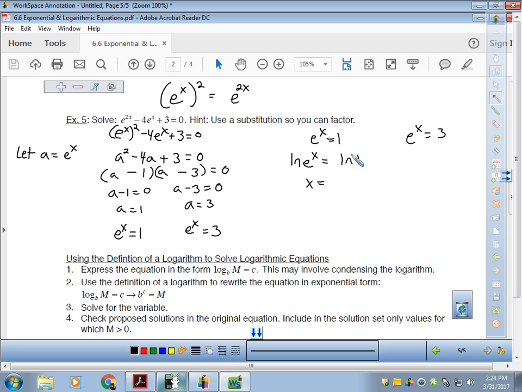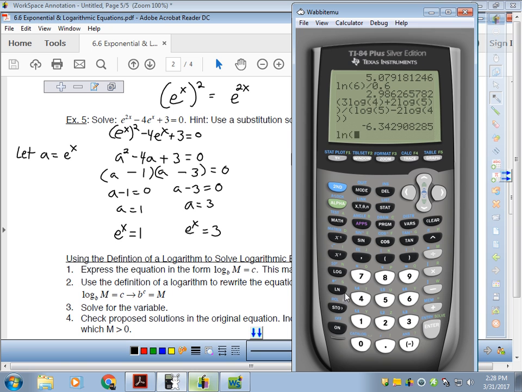On the right-hand side, ln of 1 is 0. If you remember your properties of logarithms, if you ever put a 1 inside of a logarithm, it's going to give you an answer of 0. And if you don't believe me, go into your calculator, ln of 1 comes out to 0. Okay?